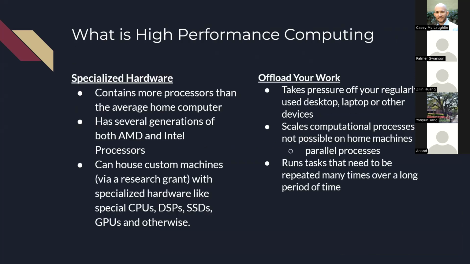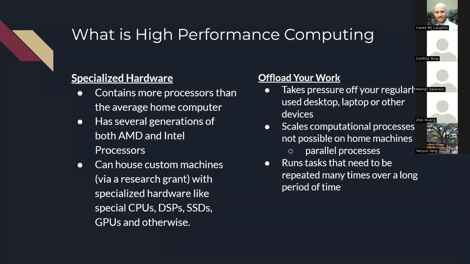One of the things that separates us from regular computers is that we provide a lot of specialized hardware. Our HPC cluster is strictly dedicated to remote, cloud-like applications. So we have a lot more cores than your average home computer. Roughly 70,000 cores, which is like a lot of desktops combined.